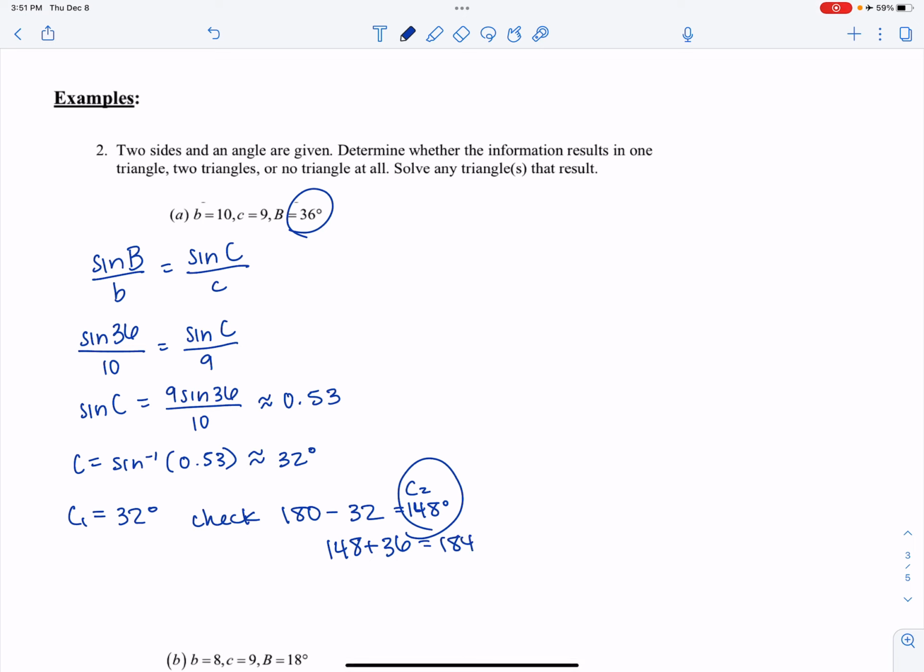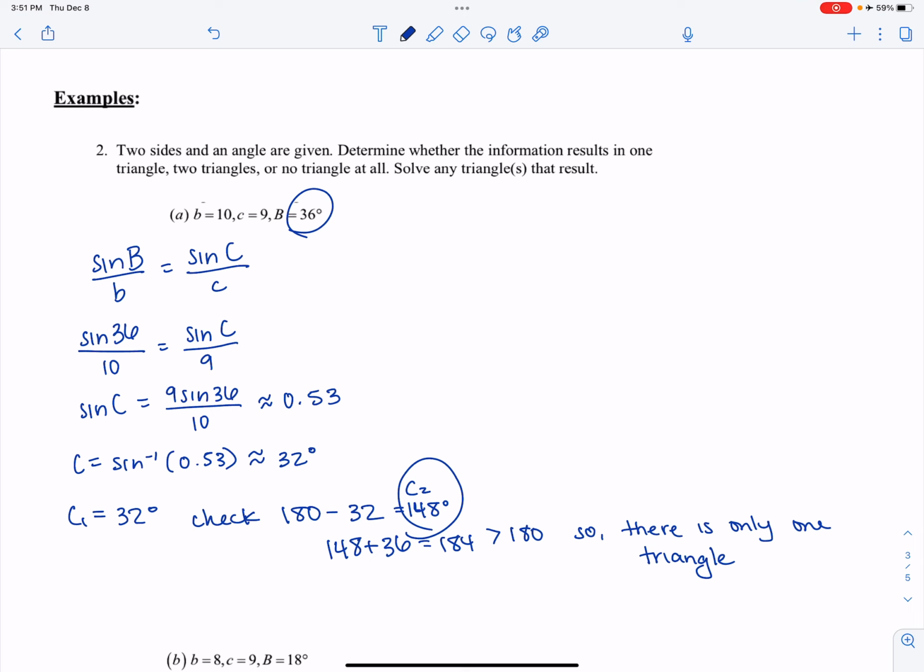And we've only found 2 angles. So that is greater than 180, which tells us there is only one triangle. Which is great because that's what we're used to. We're used to just finding one triangle.